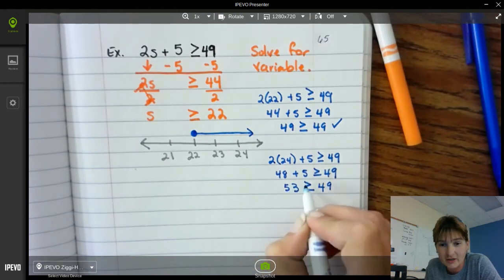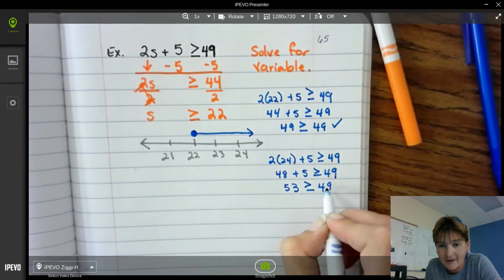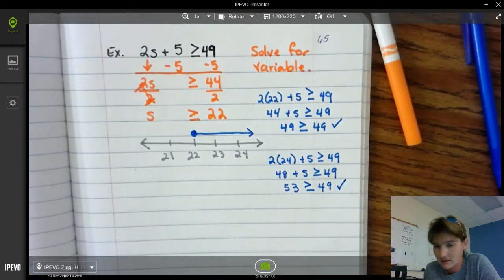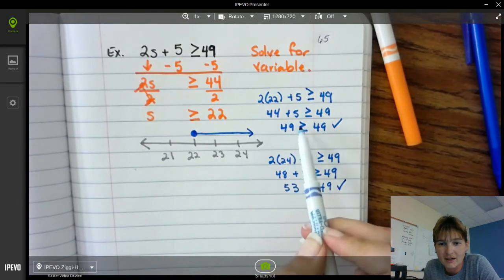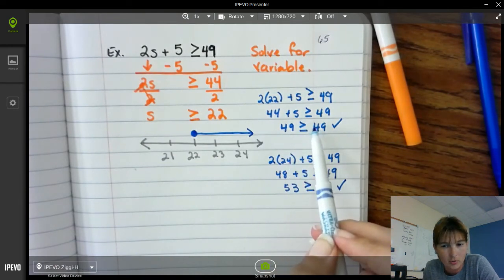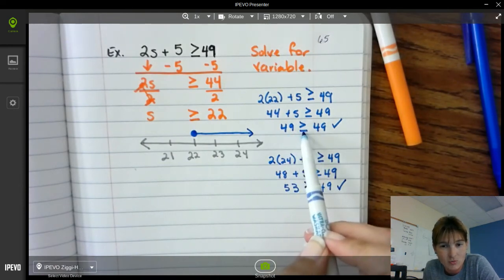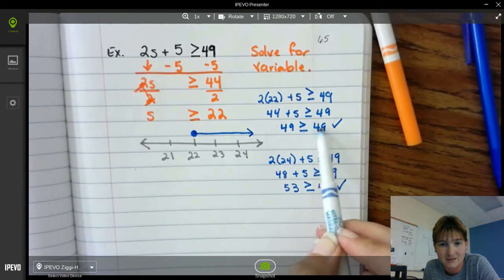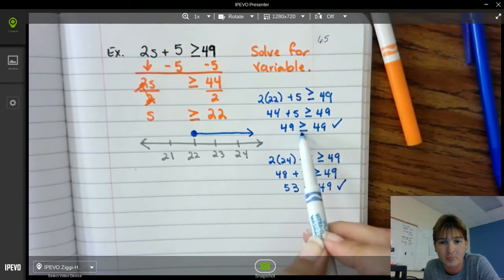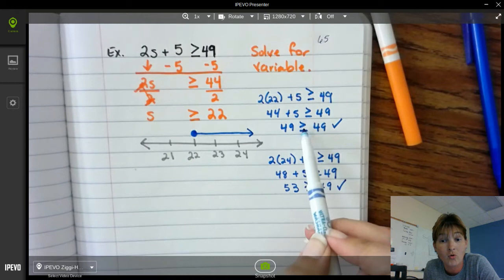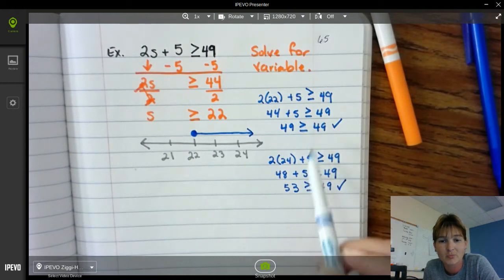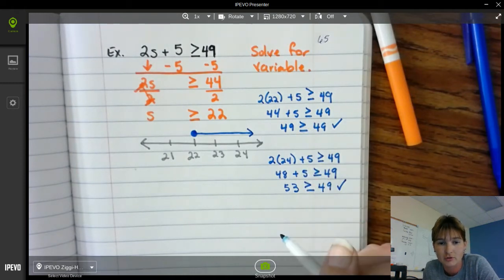Is 53 greater than 49? Yes, so that is good to go. So that's what I usually do. Is 49 greater than 49? No, but 49 is equal to 49, and that's what makes this a true statement, because we have both there, greater than or equal to. And so both these statements are true.